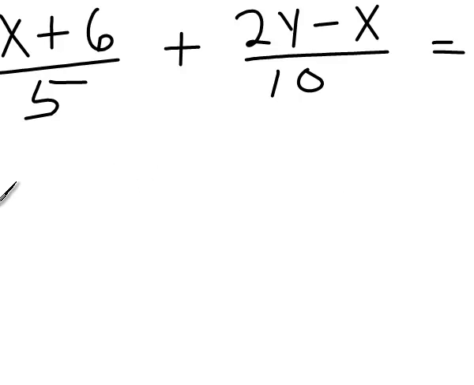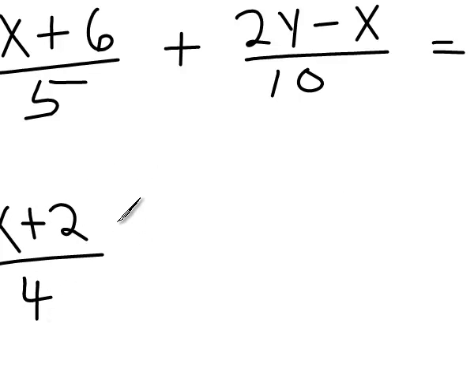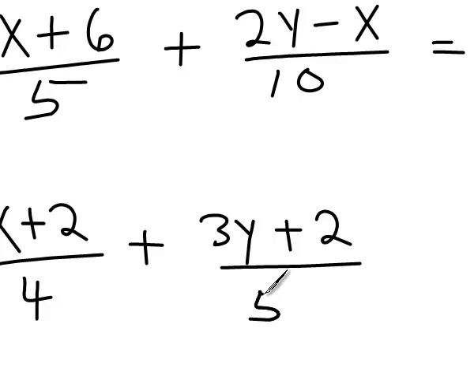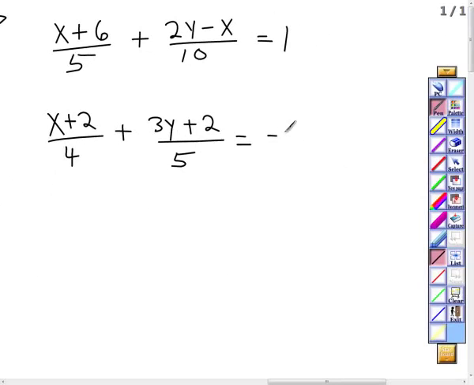And the second equation, we got (x plus 2) over 4 plus (3y plus 2) over 5, and that equals negative 3. Let's say we were going to use the elimination method.